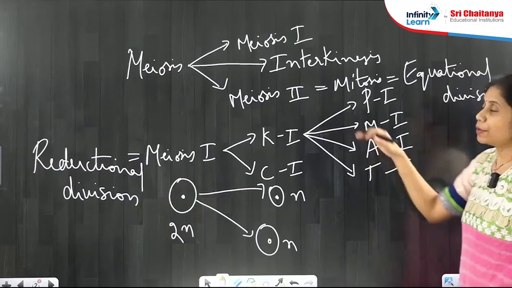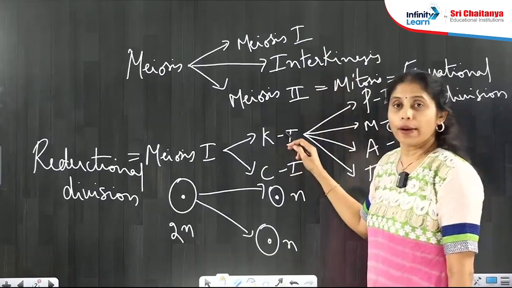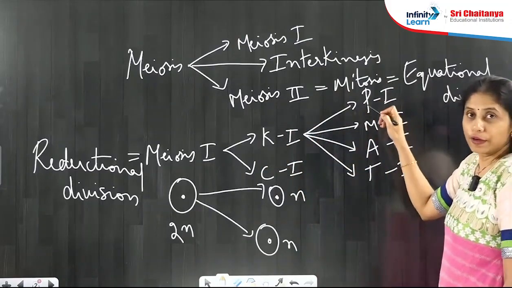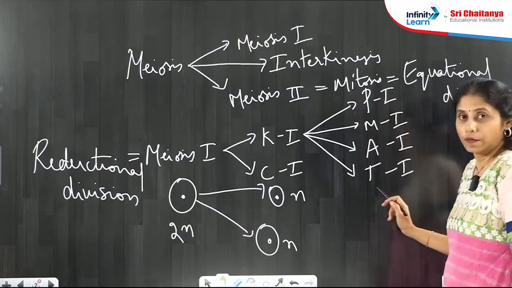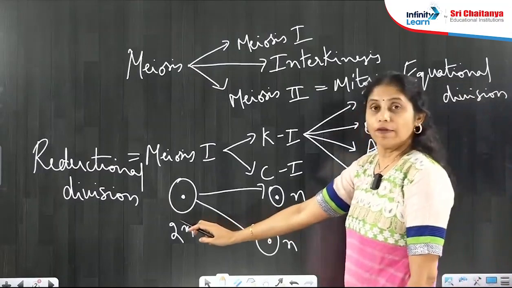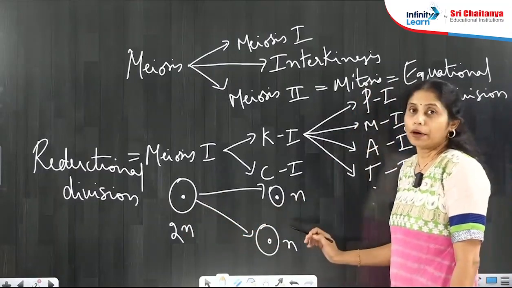So like this, meiosis is divided into 1 and 2. 1 is further divided into karyokinesis 1 and cytokinesis 1. Karyokinesis 1 is further divided into prophase 1, metaphase 1, anaphase 1, telophase 1. After that, cytokinesis will happen one time, and one diploid parent cell will form 2 haploid daughter cells.